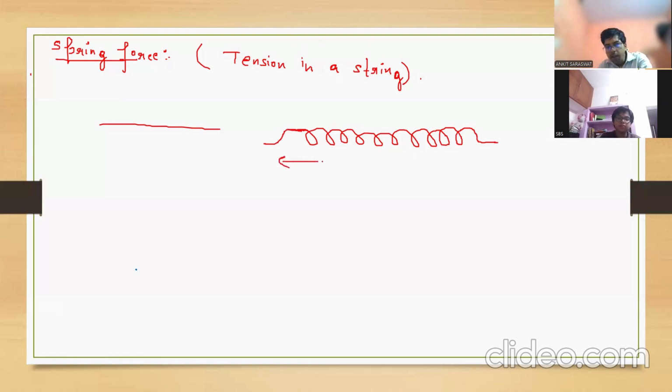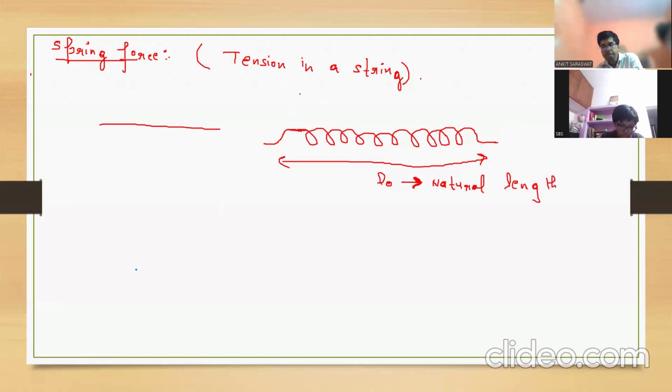Let us suppose the natural length of the spring is L naught. L naught is the natural length.